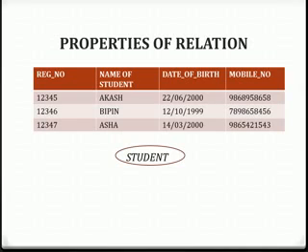For example, in a database of a school, there will be a student table, an employee table, and there can be a table of stocks, etc. But the name of the table, that is the name of the relation, should be distinct. The student table cannot be duplicate. There should not be another student table in the same database. So that is the first property of a relation, or the first rule we can say.